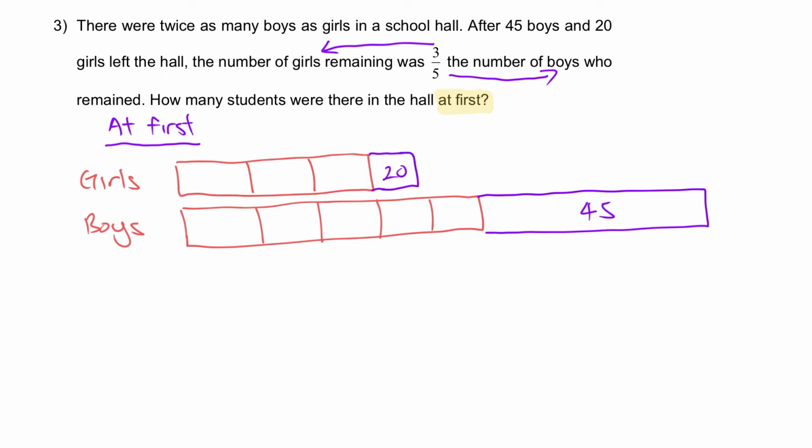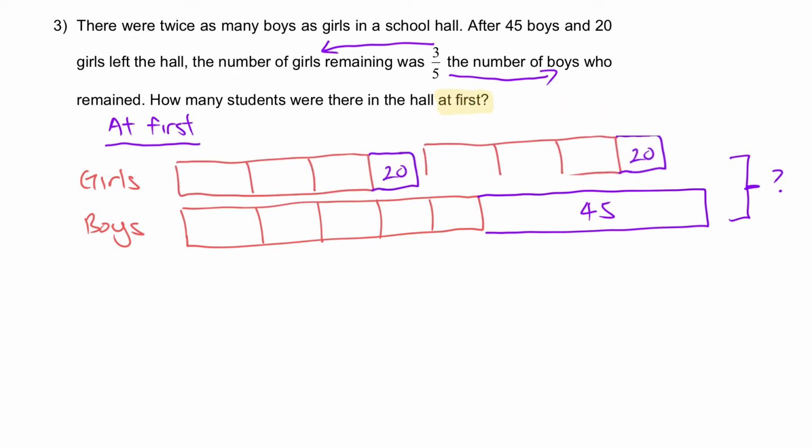So what does it mean? Let's analyze. This is what they are trying to find out, the whole thing at first. There were twice as many boys as girls, so this entire thing is twice of this. What if I take the number of girls and multiply it by 2?